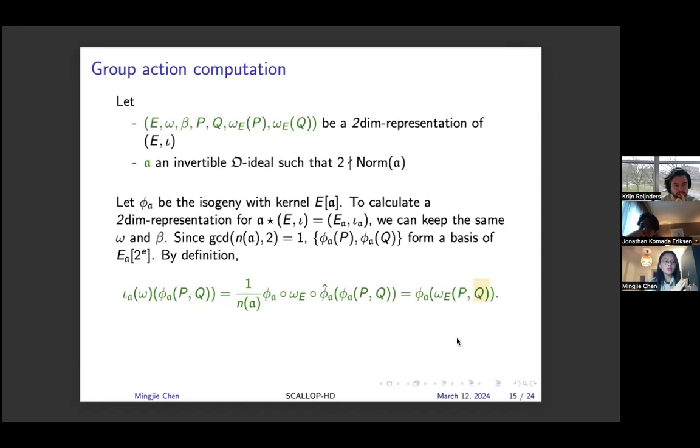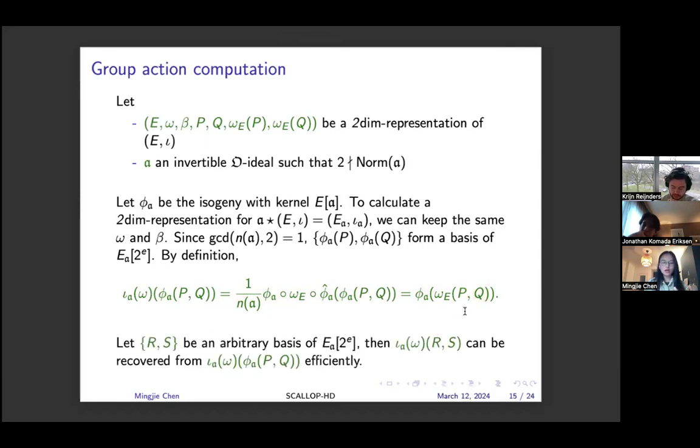So that's a really simple calculation compared with the one in SCALLOP. Of course, we don't want to use this basis because this may leak torsion point information of the secret isogeny phi A. We can choose another basis R, S of the 2 to the e torsion of EA, then the image of iota A omega on these two points can be recovered by linear algebra very efficiently.